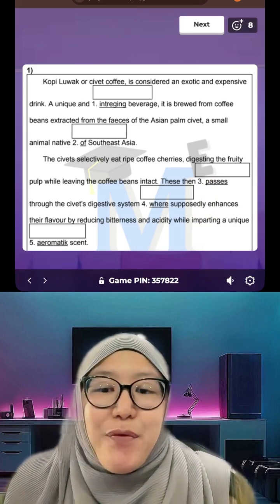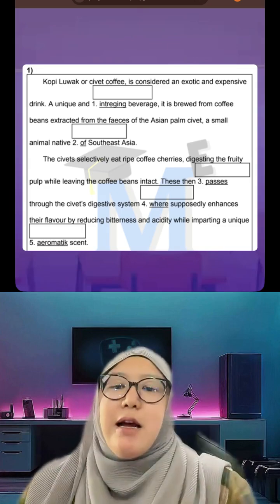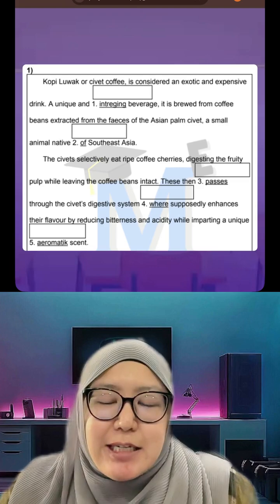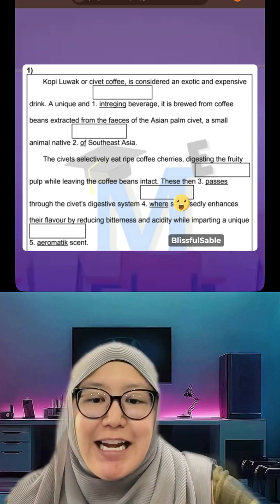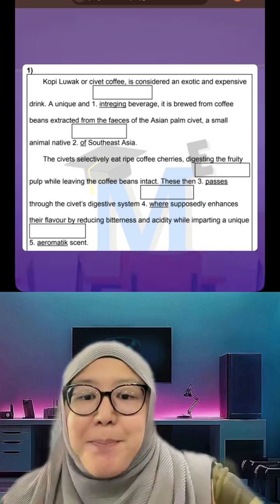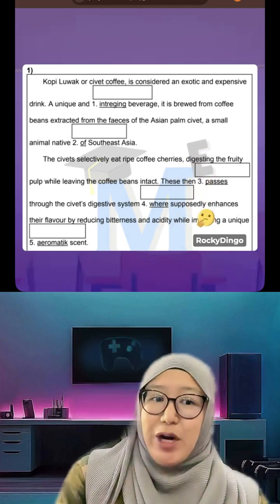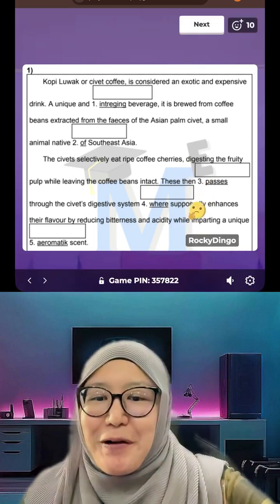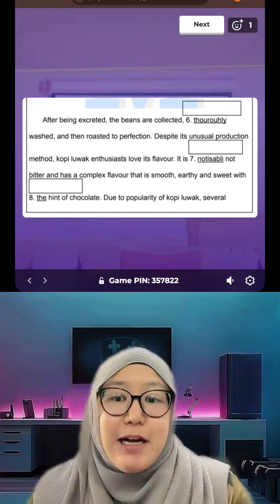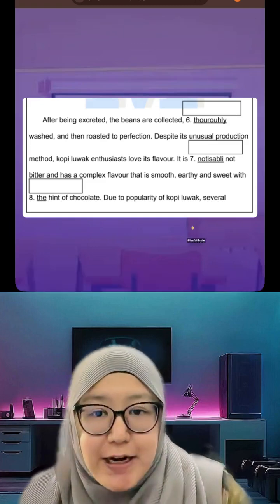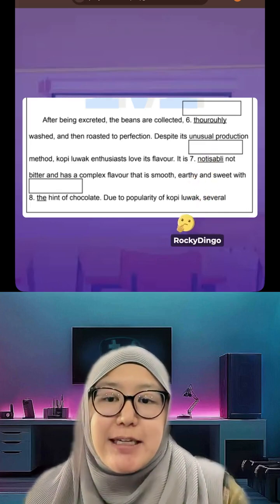The civet selectively eats ripe coffee cherries, digesting the fruity pulp while leaving the coffee bean intact. These then pass through the civet's digestive system, where supposedly it enhances their flavor by reducing bitterness and acidity while imparting a unique aromatic scent. Now you know why I say I might be keen to try, but I'm still 50-50 about it. Next. After being excreted, the beans are collected, thoroughly washed, and then roasted to perfection. Despite its unusual production method, kopi luwak enthusiasts love its flavor.